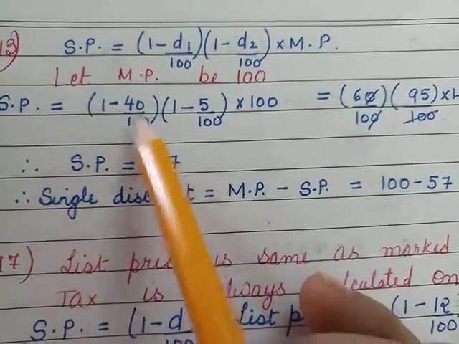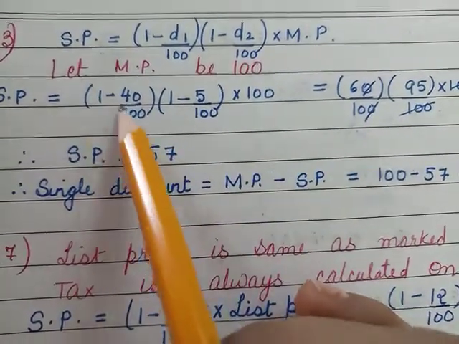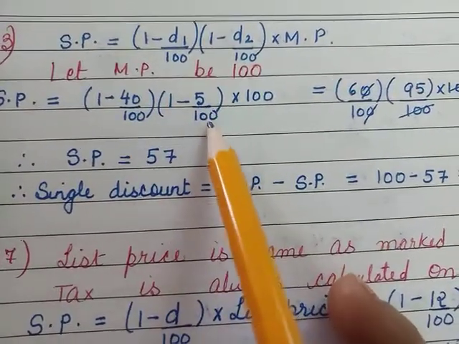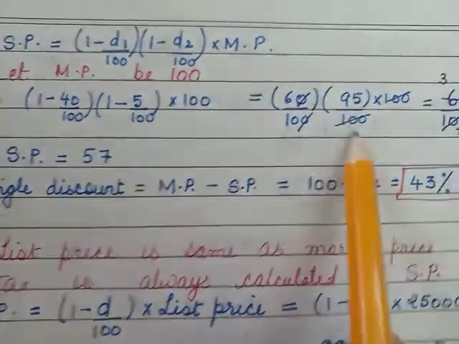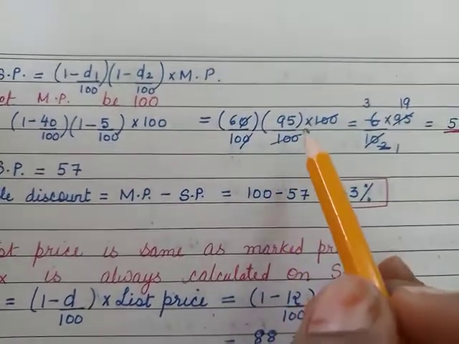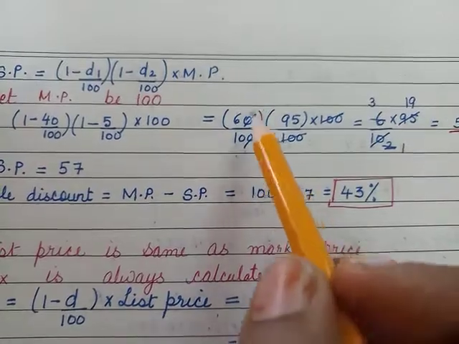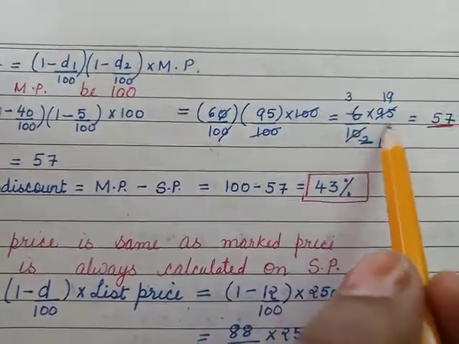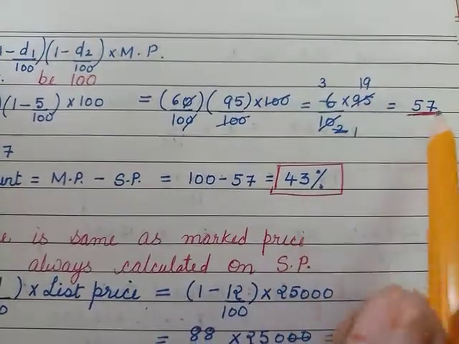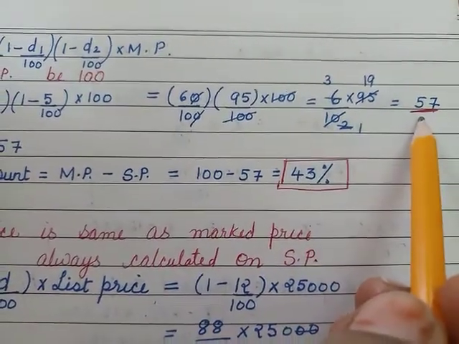When you calculate, 100 minus 40 will give you 60 by 100. 100 minus 5 upon 100 will give you 95 by 100 into 100. We cancel it out. 100 gets cancelled, 0 gets cancelled, 6 by 10 into 95. Both get cancelled with 5, so you'll get 57.